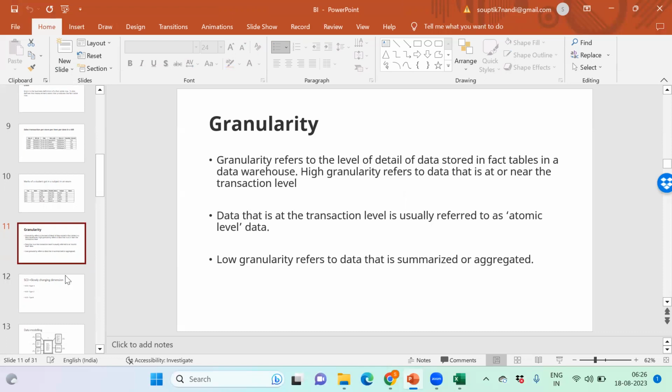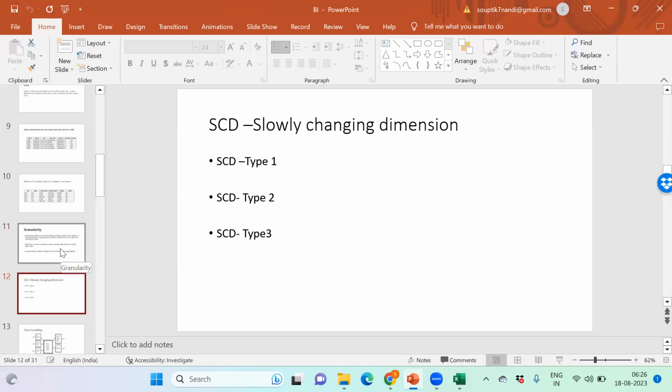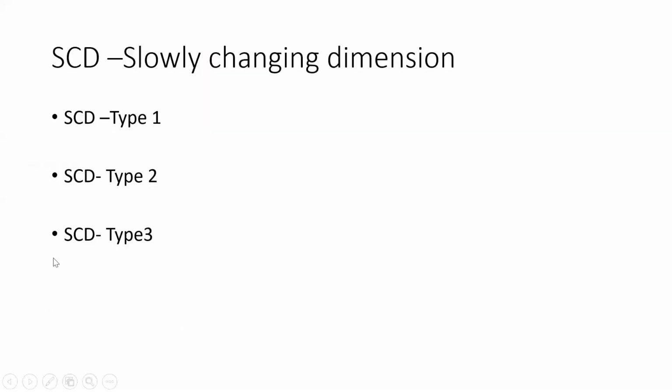Moving to the dimension table. One more thing I want to mention: the difference between fact table and dimension table. As I mentioned in yesterday's session, we are loading the data into the data warehouse from the source system to the target system. It's not an easy step.